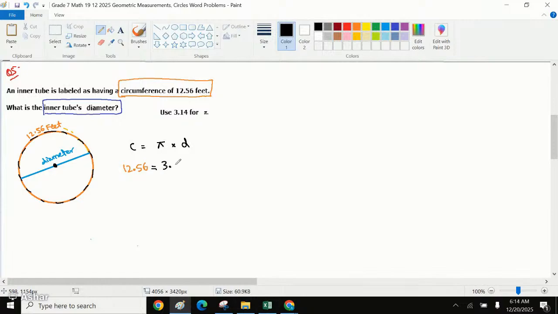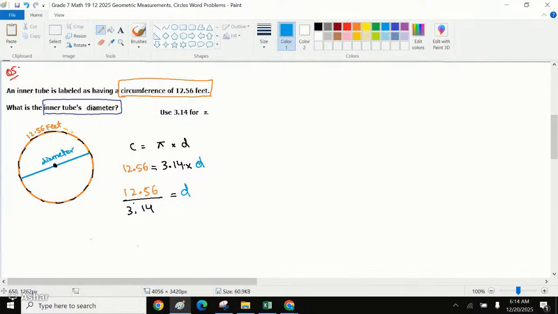Pi is 3.14 multiplied by the diameter. If 3.14 is being multiplied to the diameter, when it goes to the other side, it divides. So can we say that 12.56 divided by 3.14 equals the diameter?